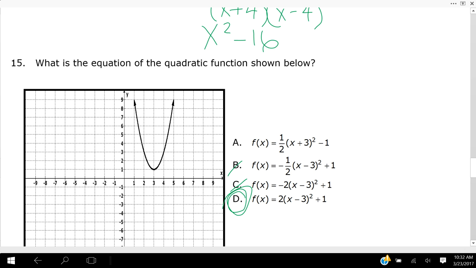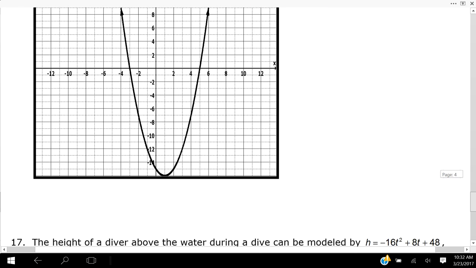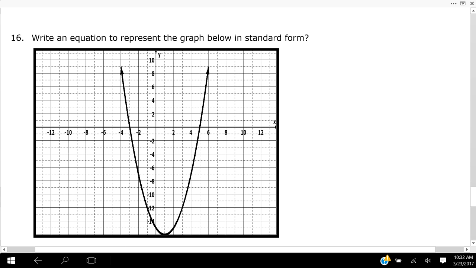All right, 16. Last page. Okay, so we're writing the equation. For this one, I used my zeros because there's not really reason to worry about my vertex because it's standard form. I don't know why it does that sometimes.